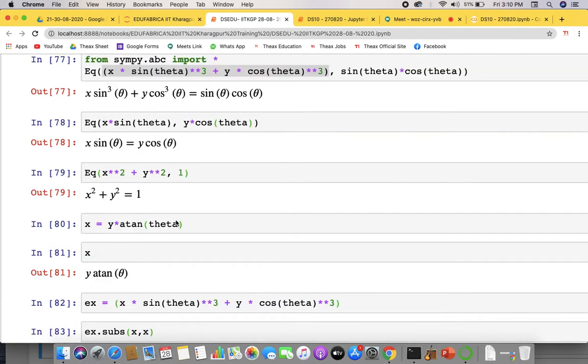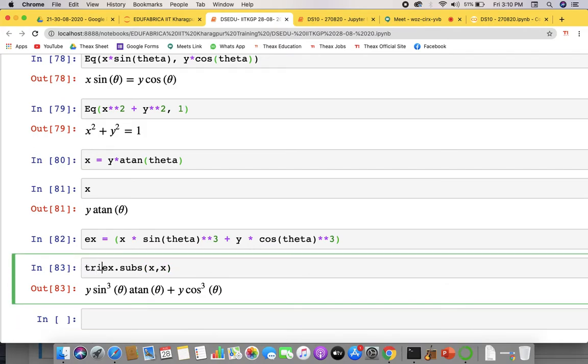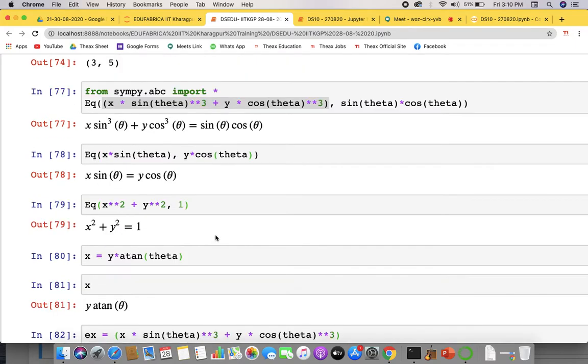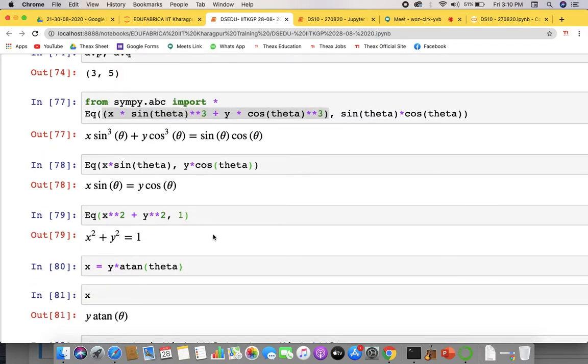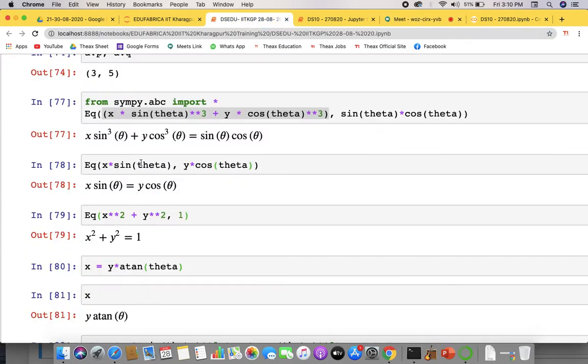Taking y common, sine cube theta plus cos cube theta, with cos by sine equals cot. Yes, we have done that already.